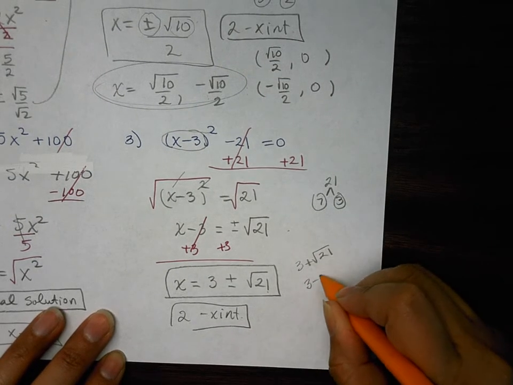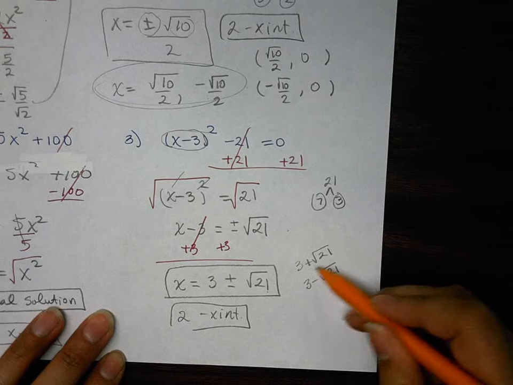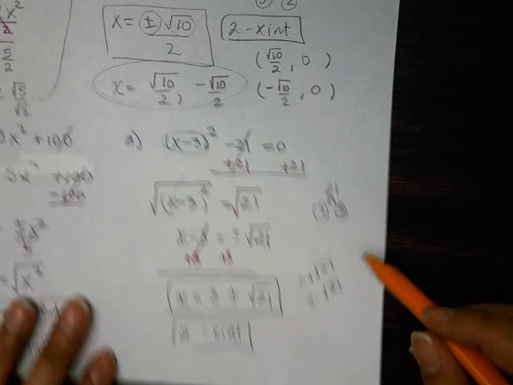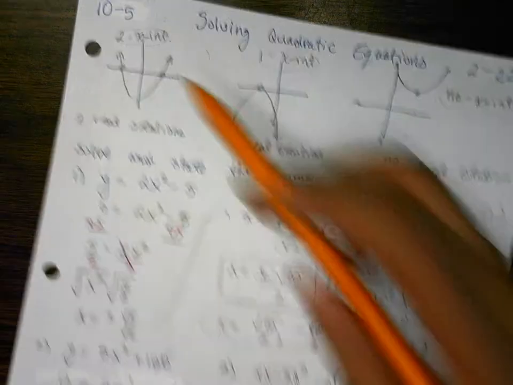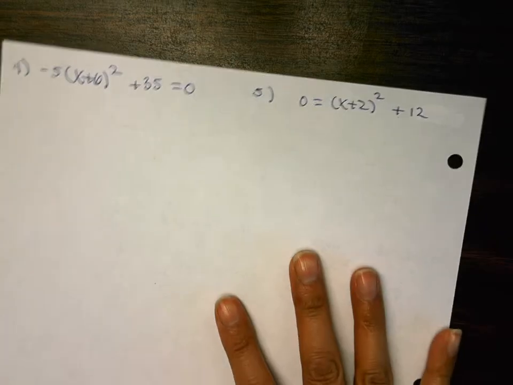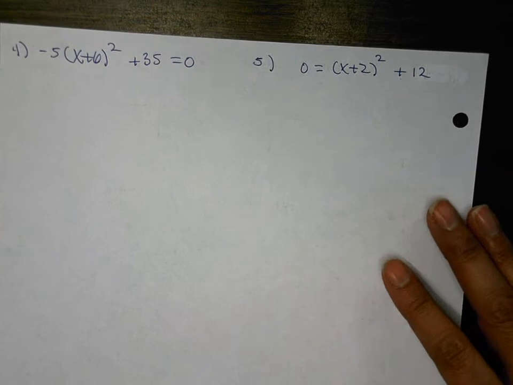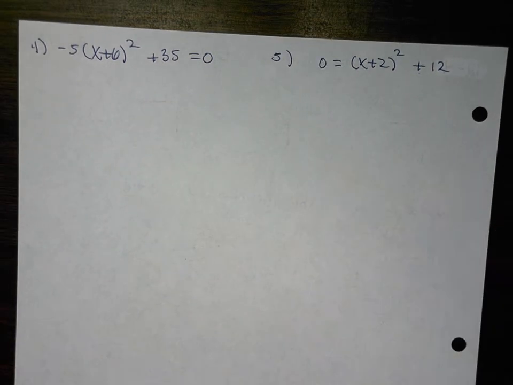Because of the plus minus. 3 plus root 21 is a solution, and 3 minus root 21 is a solution. Are those going to give us 2 different decimals? They are, so we'd have 2 different x-intercepts. All right, go ahead and try those 2 now. Get to work.